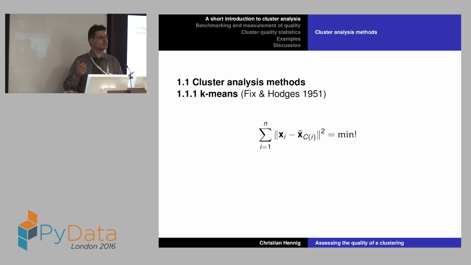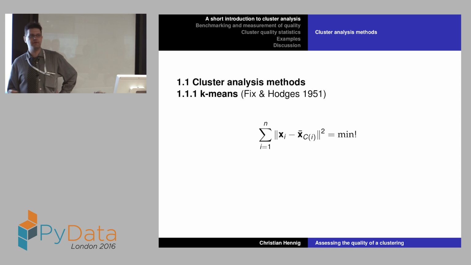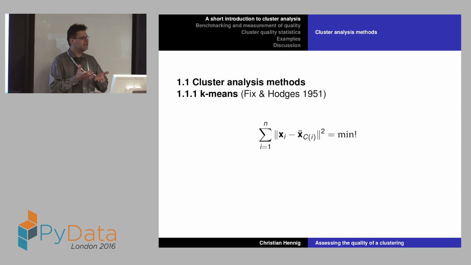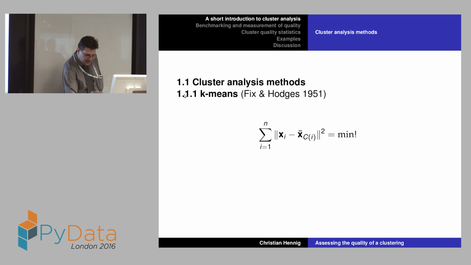So probably the most well-known method for cluster analysis is k-means. The idea is we try to group the objects in a data set that are represented by some p-dimensional, so here four-dimensional, Euclidean points, in such a way that this sum is minimum, which basically means we assign every point to the mean of the cluster to which it is assigned.